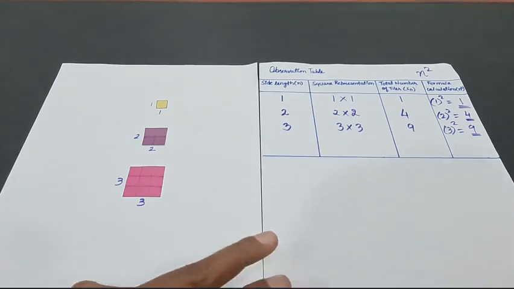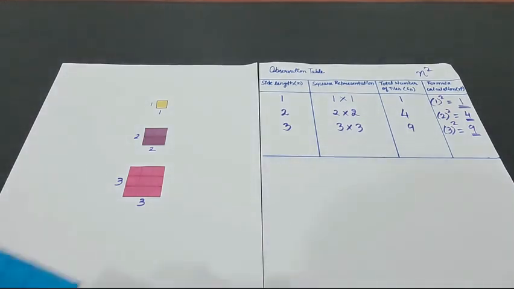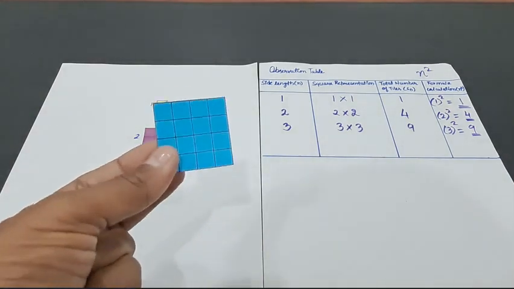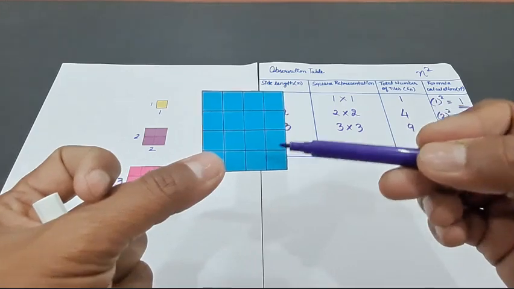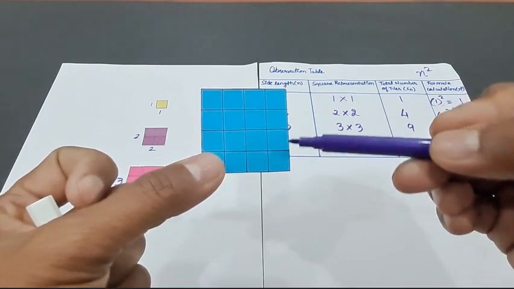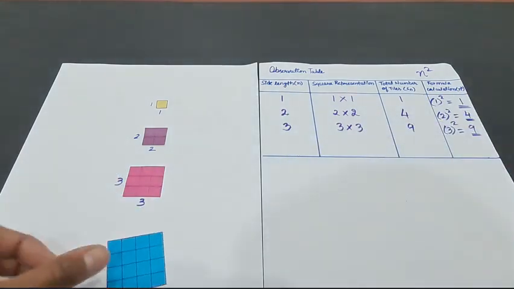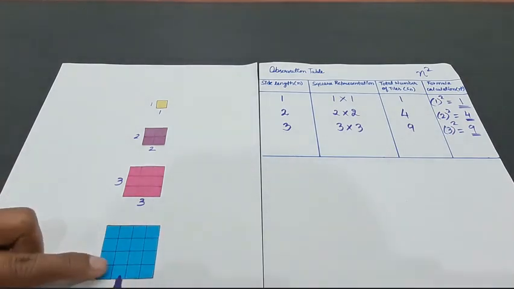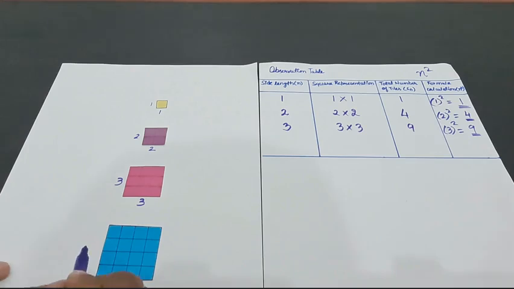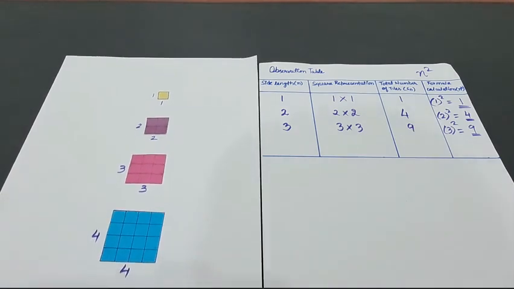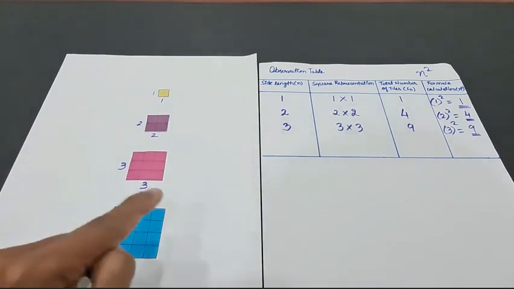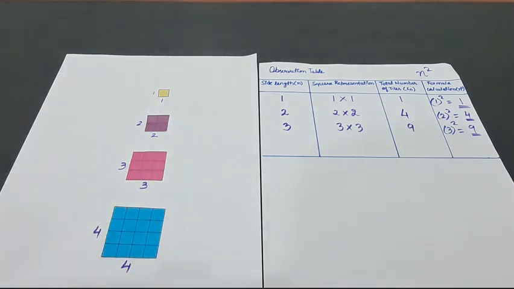Similarly, you can go on and make the square even bigger. As you can see here now, I have taken 4 tiles along the length and 4 tiles along the width. So if you paste it and write the length of this side as 4 and the width of this side as 4, then you can see that this will contain 16 tiles.